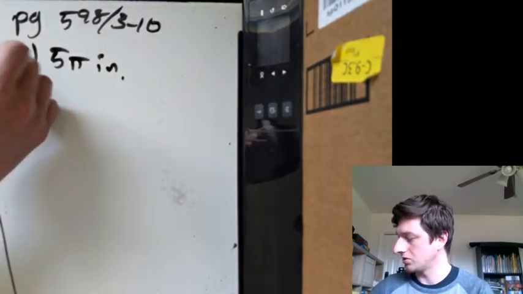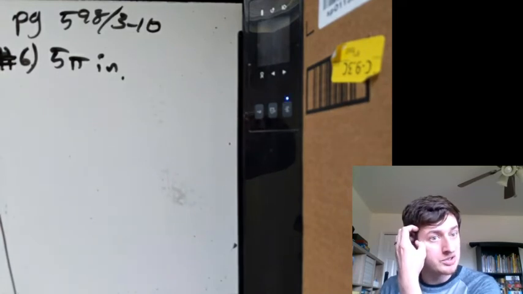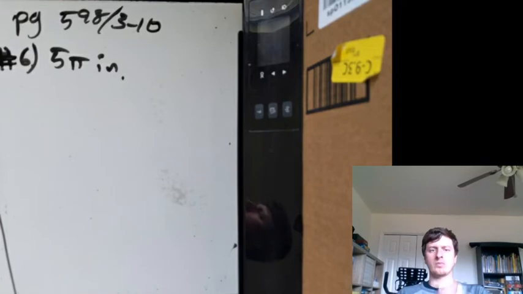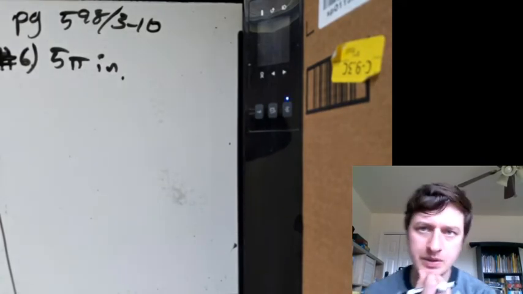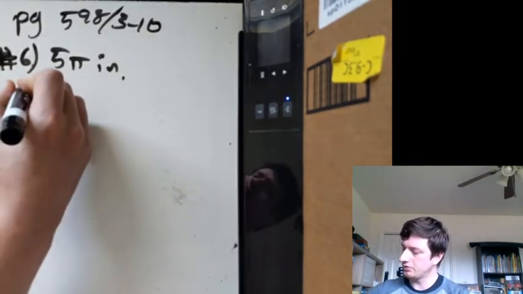This is number 7. Really bad one. But, so 5 pi inches. Then let's see. Arc length of AB, we would do 45.